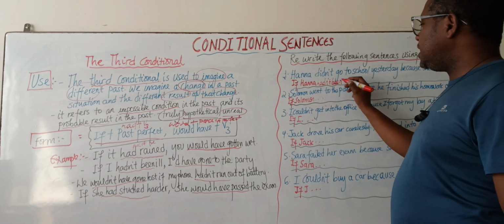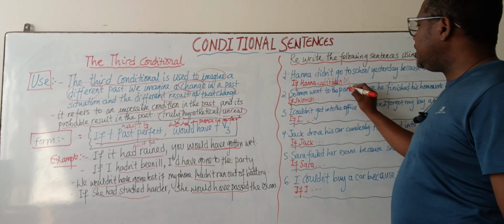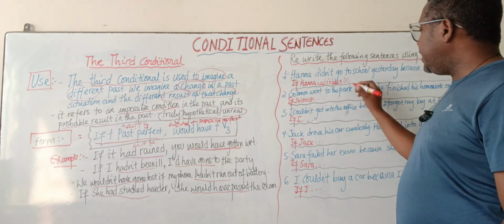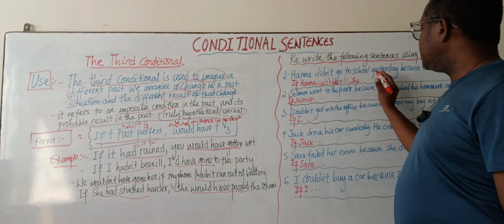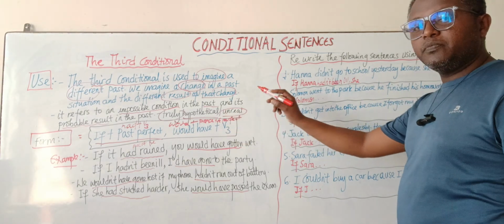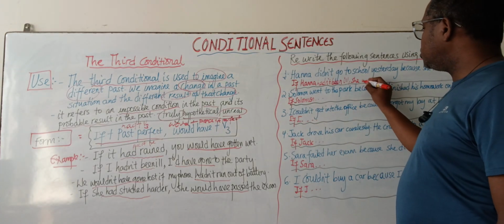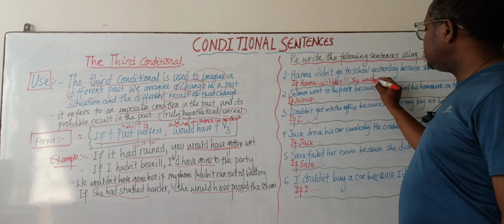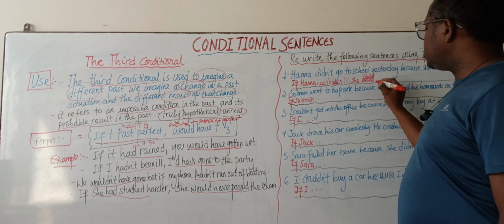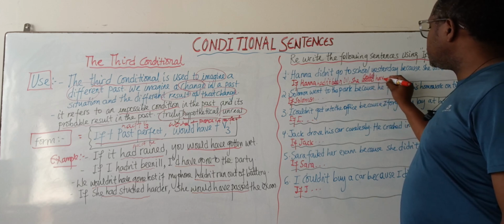So if Hannah hadn't been ill, then she, we need would have plus past participle. So she would, or we can say she could as well. She could have, or she would have.